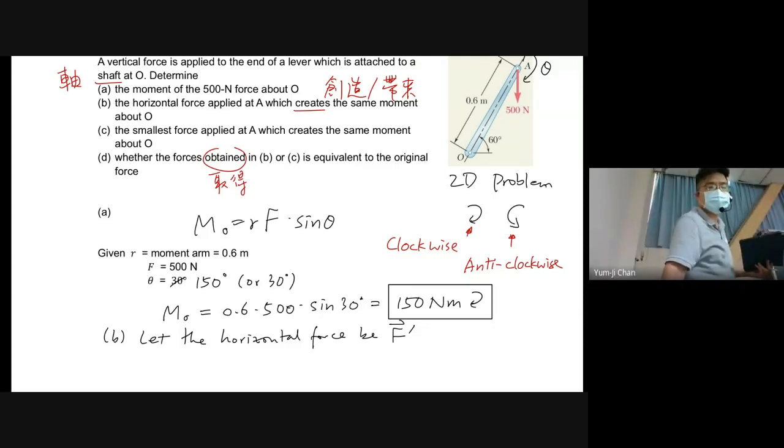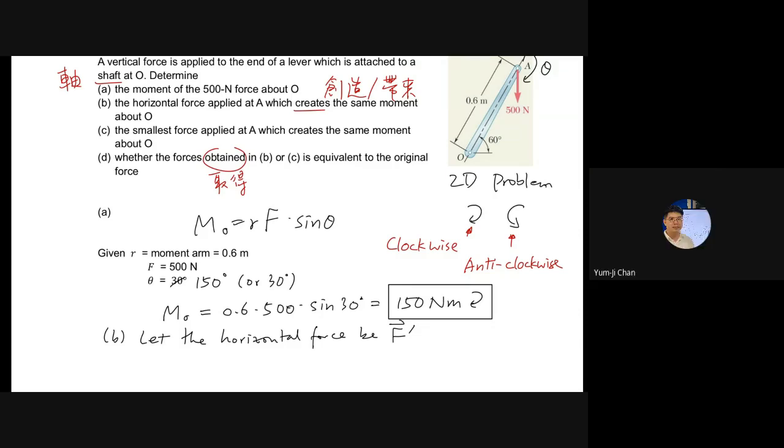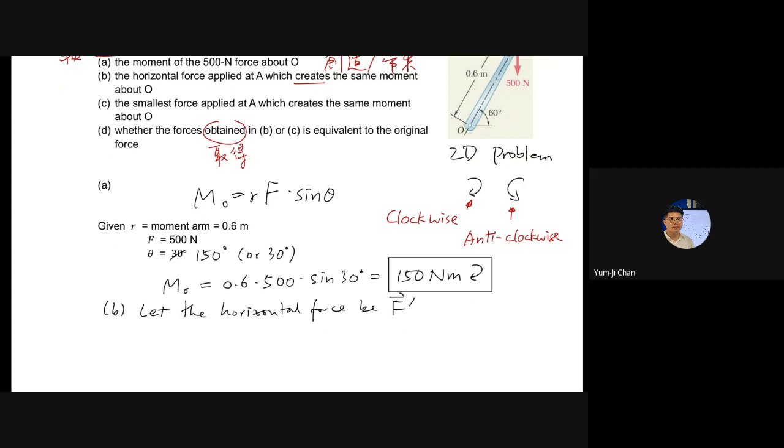Let the horizontal force be F prime. Now MO is equal to R times F prime times sine 60 degrees or 120 degrees.